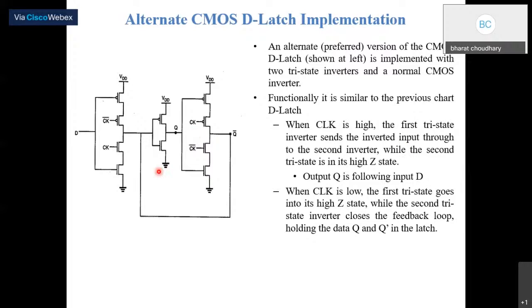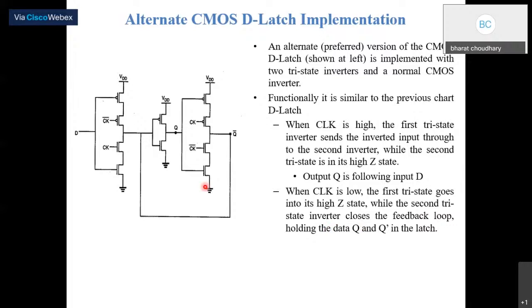So when the clock is high, the first tri-state inverter sends the inverted input through to the second inverter, while the second tri-state is in the high impedance state. And when the clock is low, the first tri-state goes into the high impedance state, while the second tri-state inverter closes.